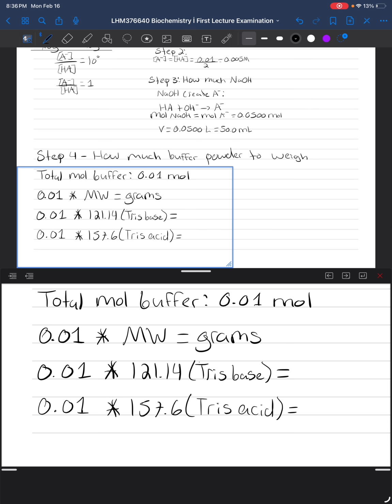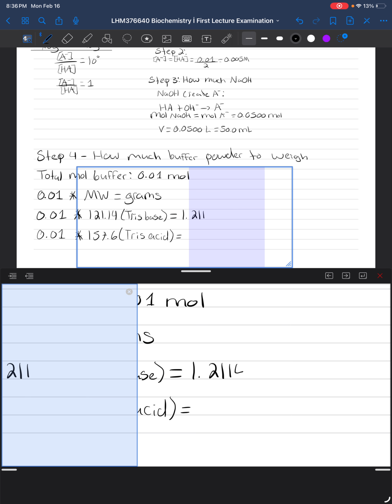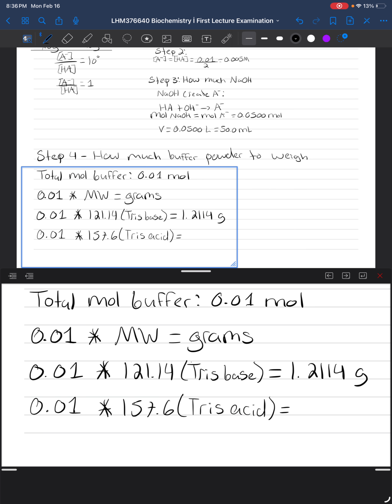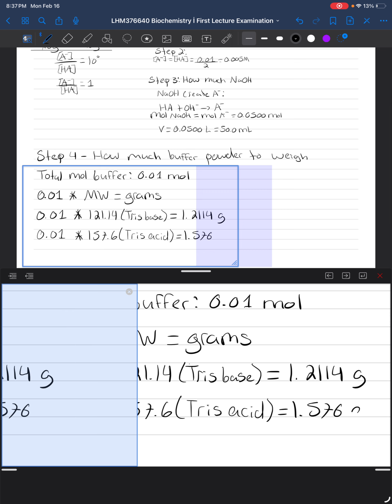So it's going to be 0.01 times 121.14, oops, I always mess up in the calculator, equals 1.2114 grams. Now we're going to calculate the Tris acid: 0.01 times 157.6 equals 1.576 grams.